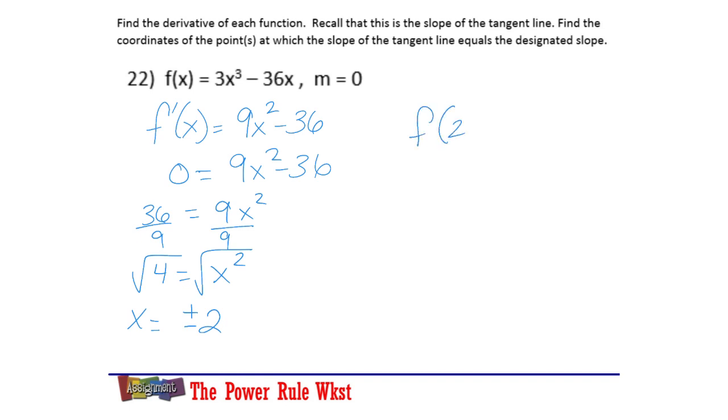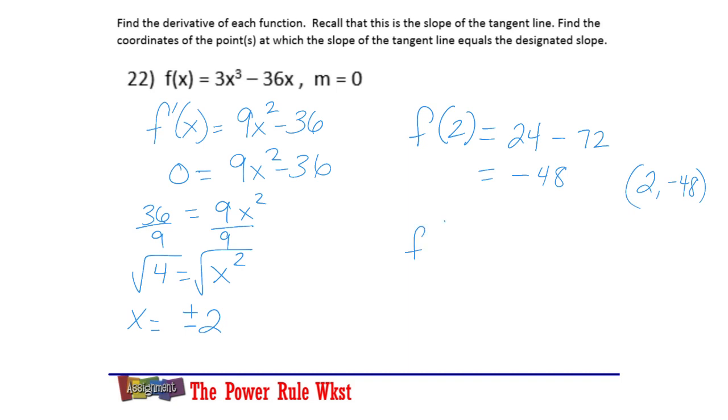So I do f of 2. And so 2 cubed is 8 times 3, that's 24. Minus 36 times 2 is 72. Okay, so that means it would equal a negative 48. So I have an ordered pair 2, negative 48. That's one of the places it happens.